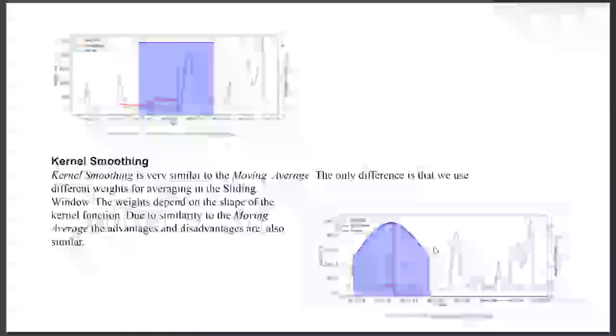Earlier in the class I also showed you how weights play an important role in kernel smoothing. You multiply some weights with the input features and then divide by the sum of the weights. Everything follows the same formula as in the moving average, but there will be some weights here. It will be multiplied by some weights.